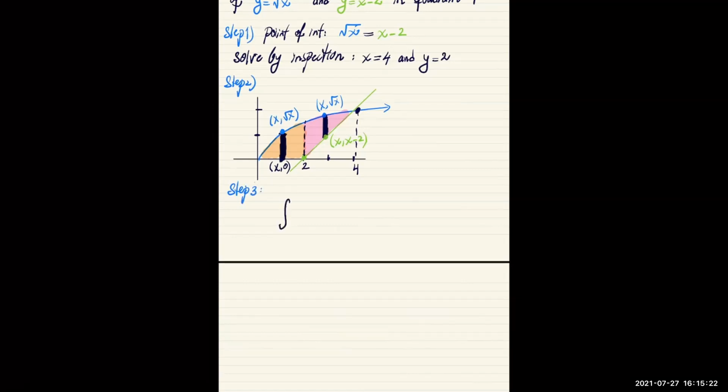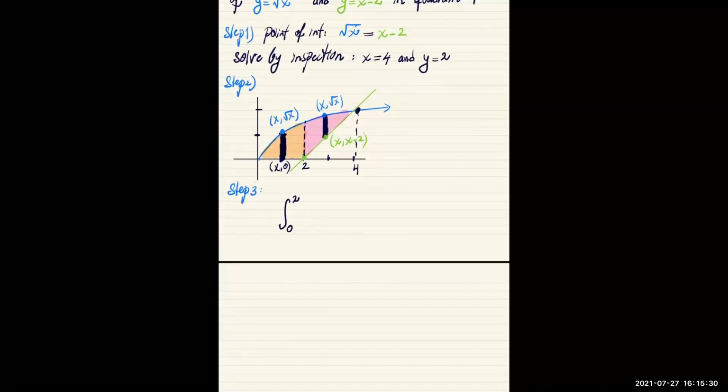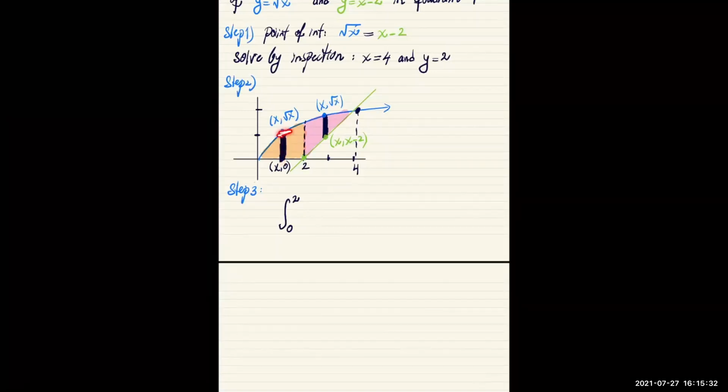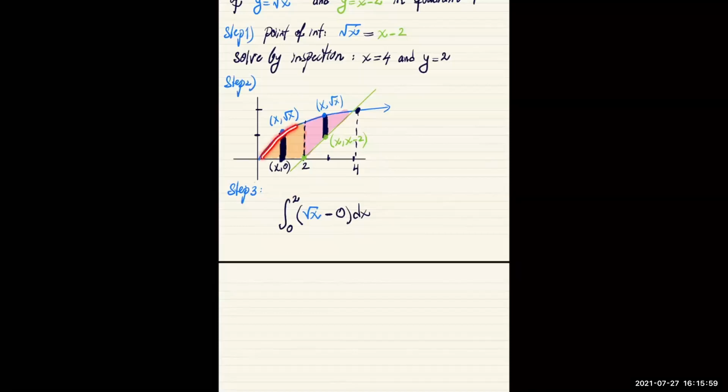So let's do an integral from 0 to 2. This is the area of the first region. The length of this rectangle is top minus bottom. The top function is the blue function, which is root x, minus the bottom function. The bottom function is just 0, right there. So that's what's happening from 0 to 2. This gives you the area of this region.